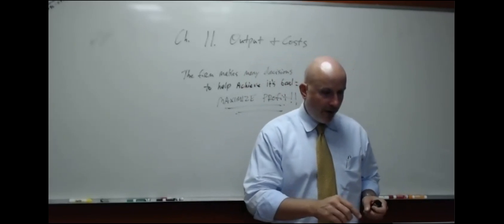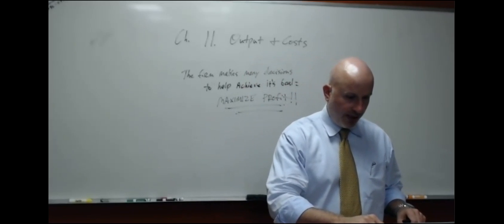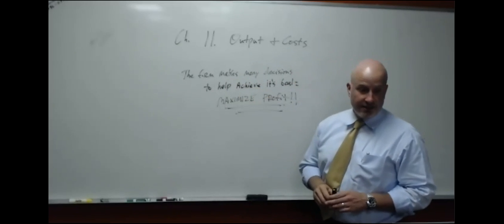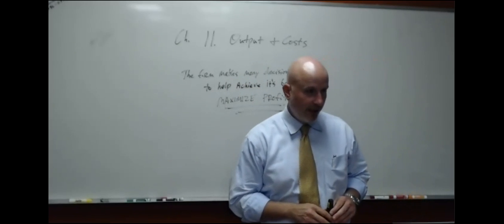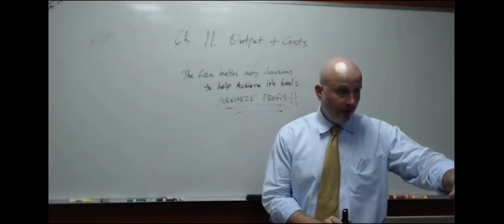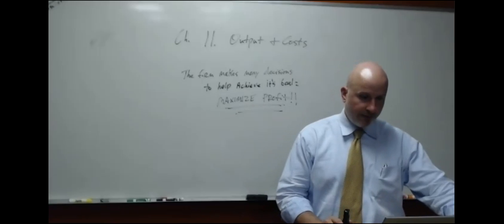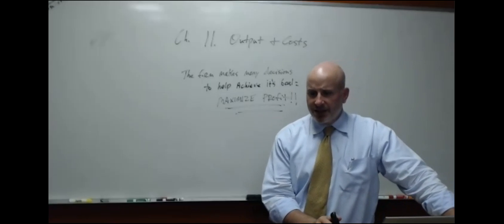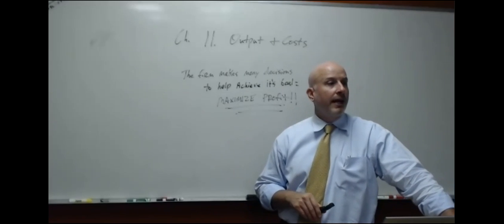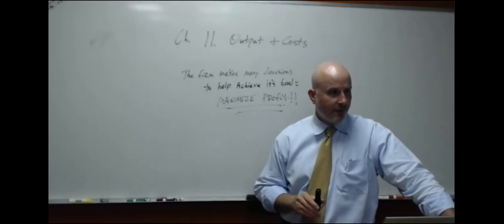All right, a firm makes many decisions to achieve its main objective. And what is that main objective? Profit maximization. Our goal is to maximize profit. Some of these decisions we make are critical to the firm and help determine even the survival of the firm.